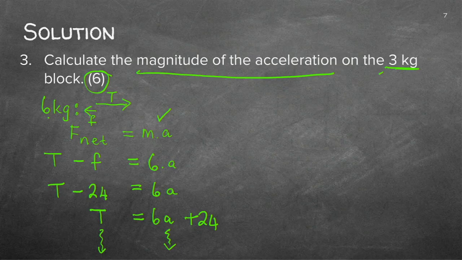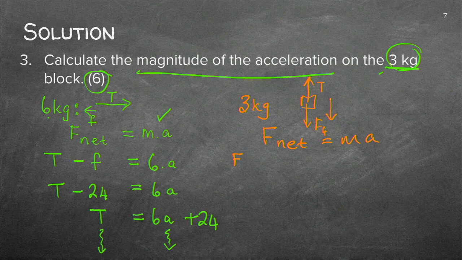But I also had a 3 kilogram block. Remember, they asked me in actual fact the 3 kilogram block. So let's go and have a look at the 3 kilogram block. The 3 kilogram was hanging like that with the gravity going downwards and just the tension upward. First again, the equation. Then I have it's going downward.